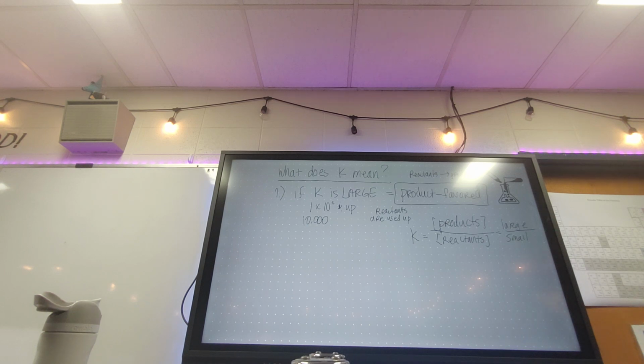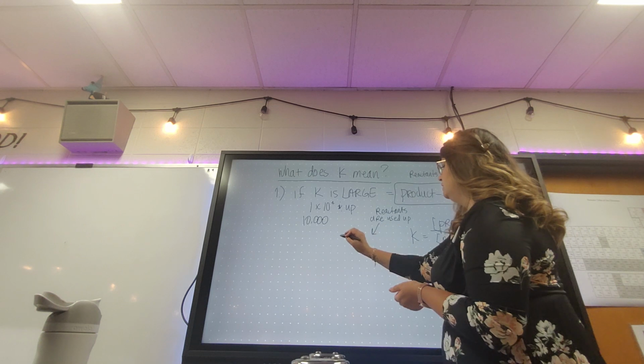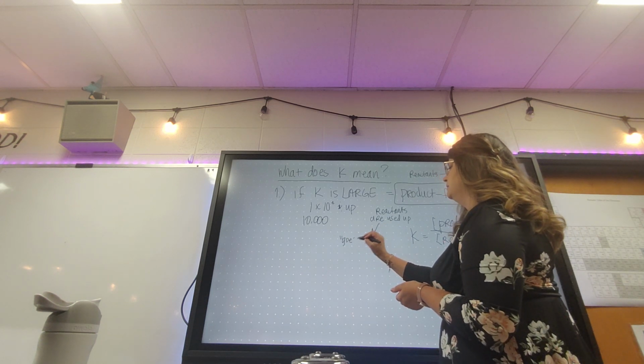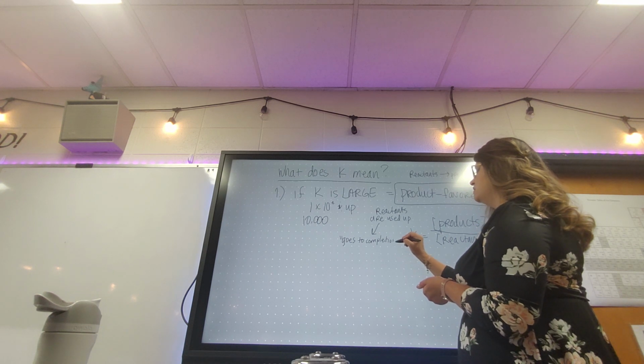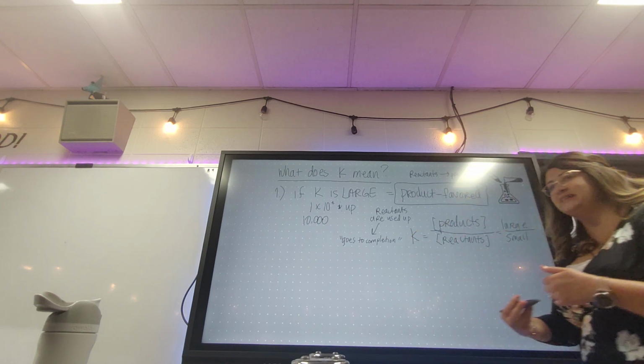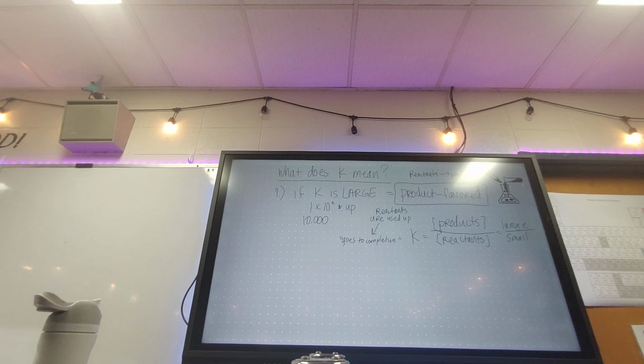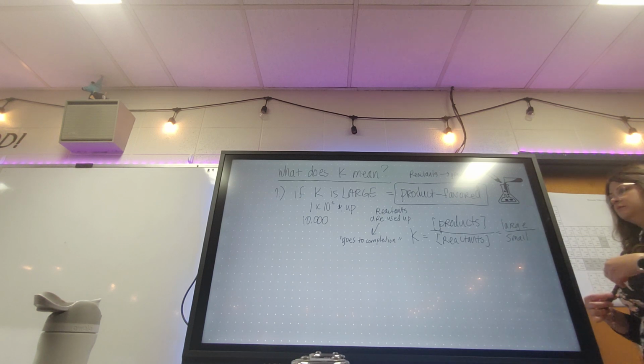We also say that if the reactants are used up, the reaction goes to completion. In other words, the reactants will keep reacting until they're gone, or most of them are gone. There might be some little molecules left, but for the most part, they've made products.